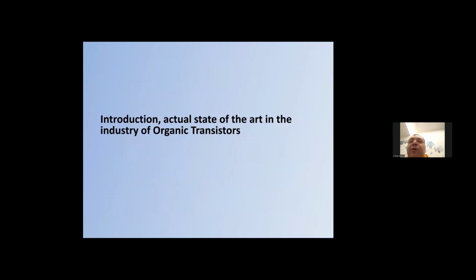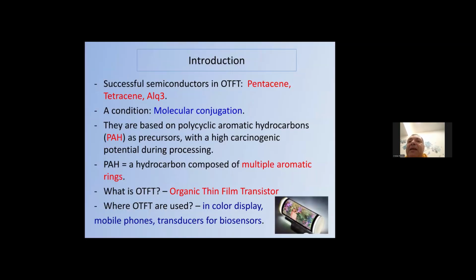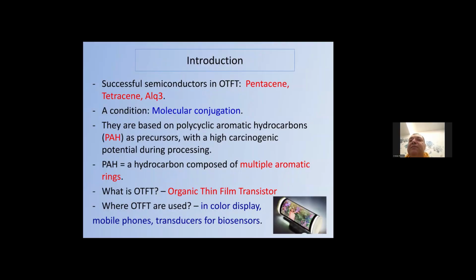A few words of introduction on the actual state of the art of the industry of organic semiconductors. Successful materials used in organic semiconductors today are pentacene, tetracene, and others. They are based on molecular conjugation, that means alternation between single and double chemical covalent bonds.